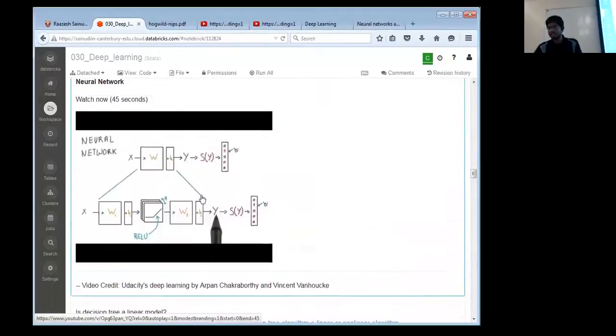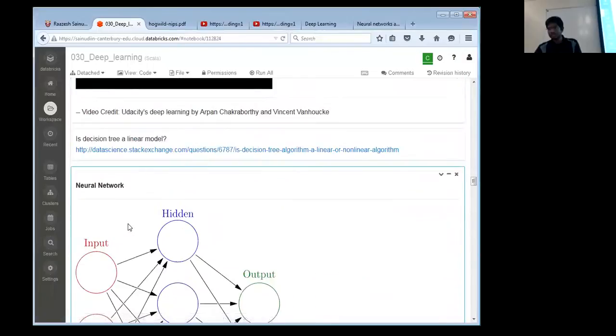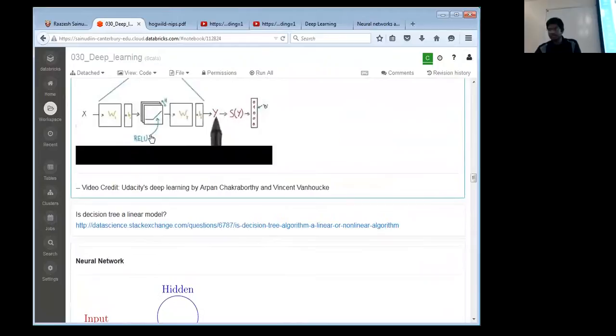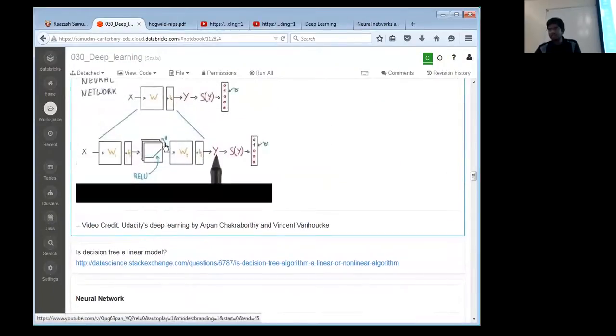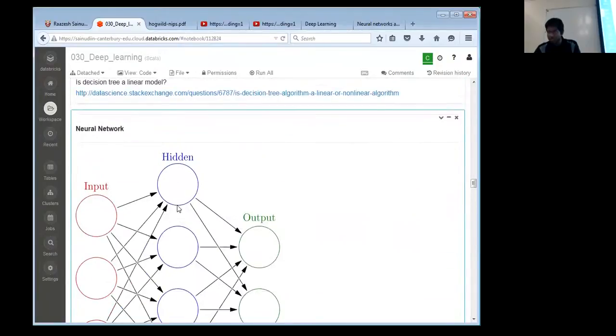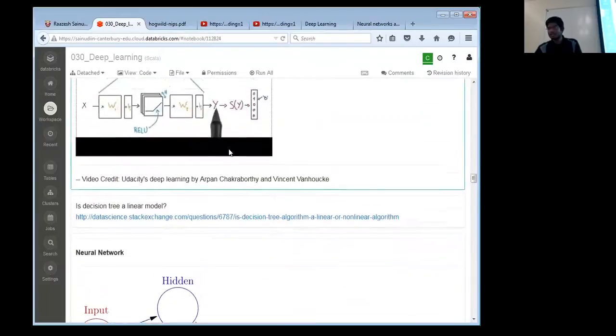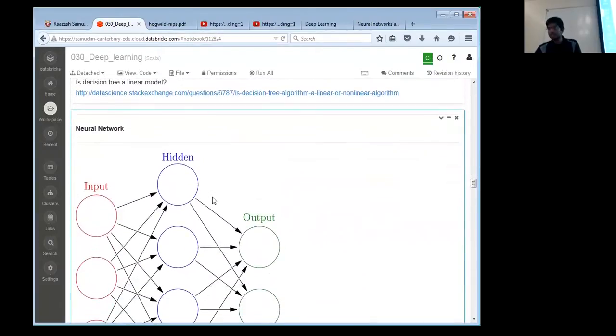So this W1 is the set of all weights on these edges. The length of the ReLU, the h, is nothing but the number of hidden units we have. And W2 is the weights on these edges.